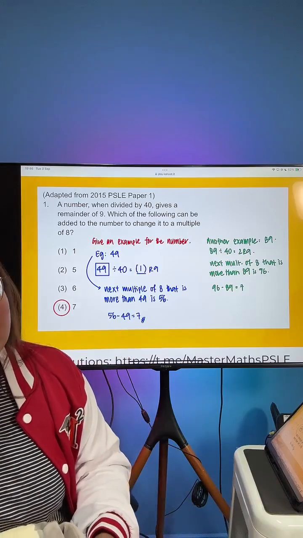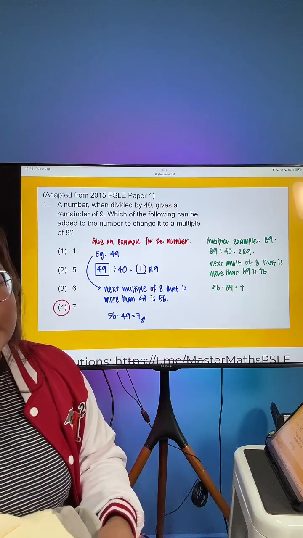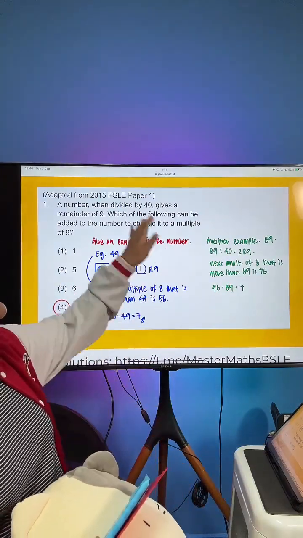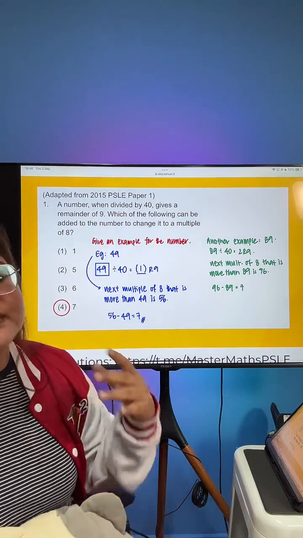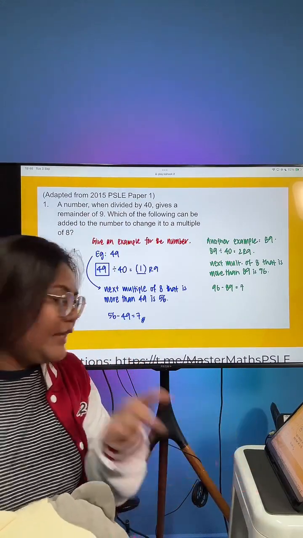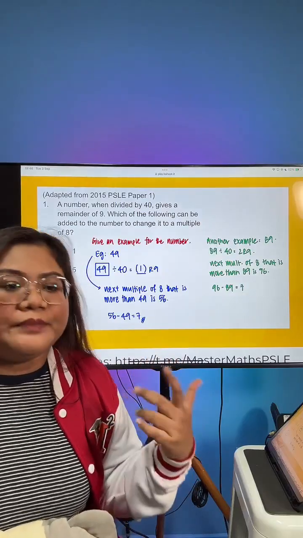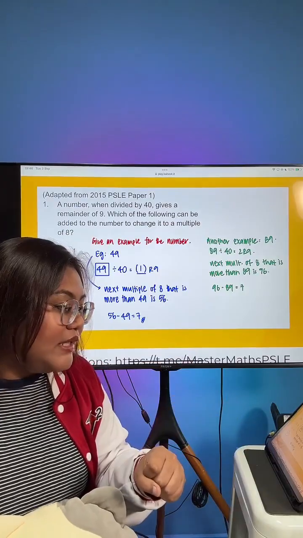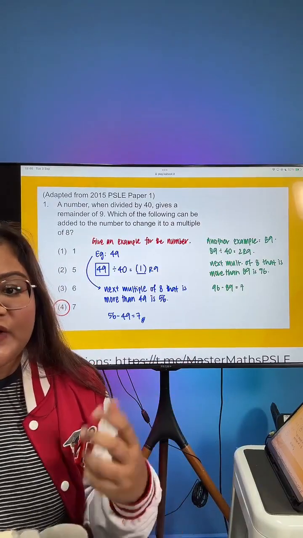Okay? Alright, one more time. You can actually give an example for the number that fits the sentence. When a number is divided by 40, it gives a remainder of 9. This number can be 49. This number can be 89. This number can be any possible number such that when you divide by 40, you get a remainder of 9.